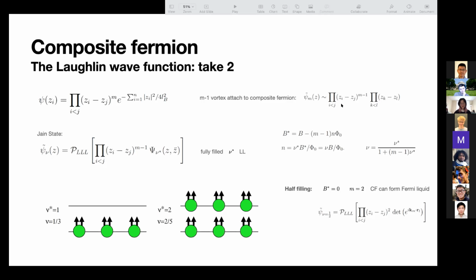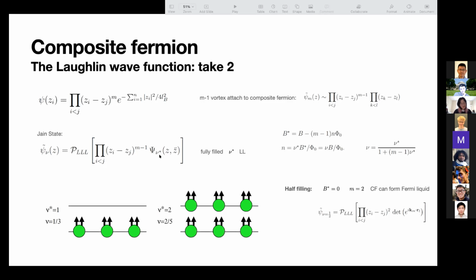In the case of the Laughlin wave function, this nu star is 1, and we attach some m-1 flux, and after that we need to project the whole thing back to the lowest Landau level. Because if nu star is not 1, there will be some anti-holomorphic part that's not allowed for a wave function in the lowest Landau level.